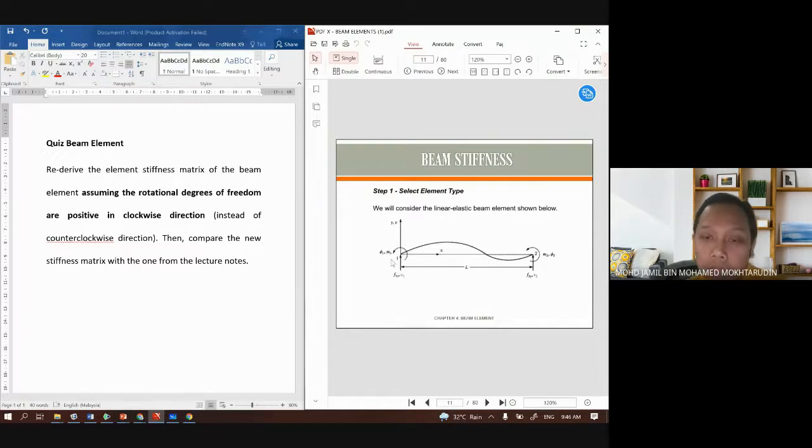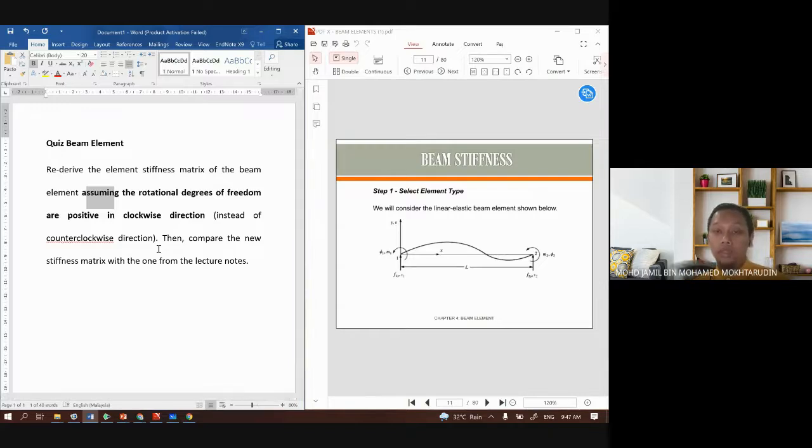But in this slide, we assume that the rotation is positive counterclockwise. So what happens if we assume now the rotation is positive clockwise instead? So rederive the element stiffness matrix of the beam element, assuming the rotational degree of freedom, or the phi, is positive in the clockwise direction instead of counterclockwise.